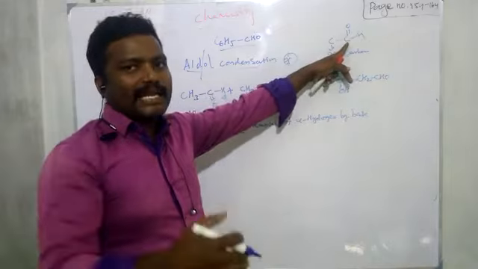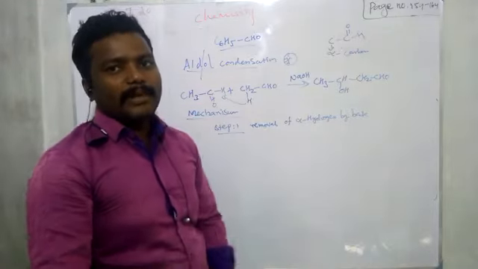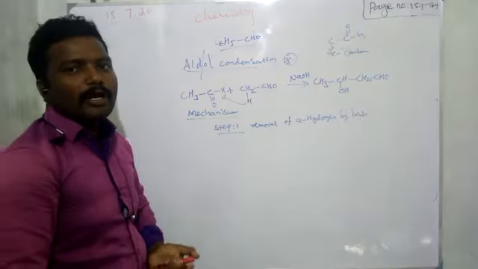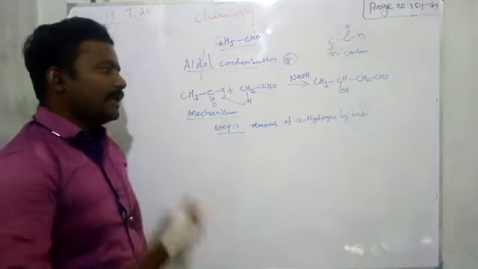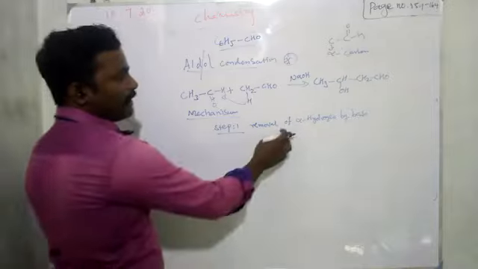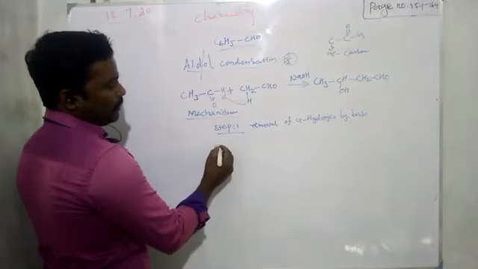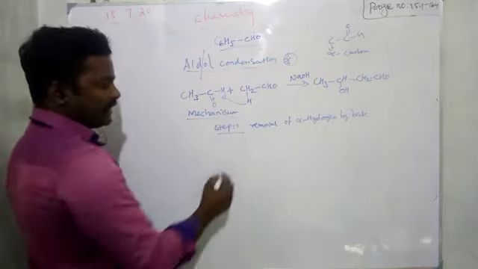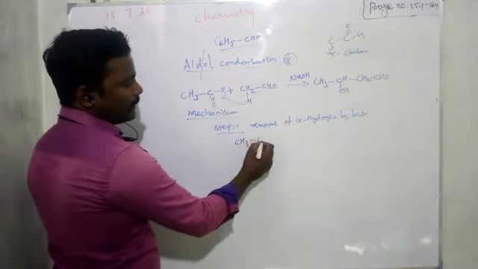Any carbon directly attached to that carbon is called the alpha carbon. Any hydrogen present on the alpha carbon we call alpha hydrogen. The same way we are going to remove the alpha hydrogen. So you take 2 acetaldehydes, and one of the acetaldehydes we have to take here.